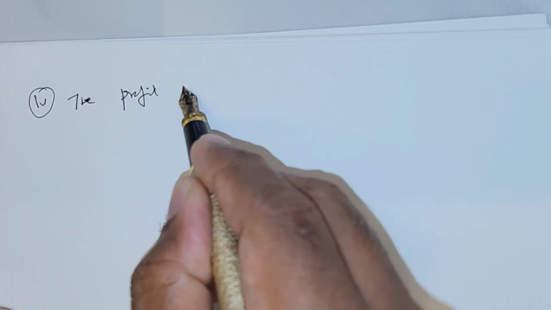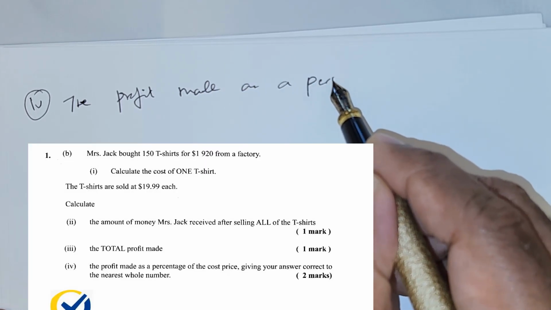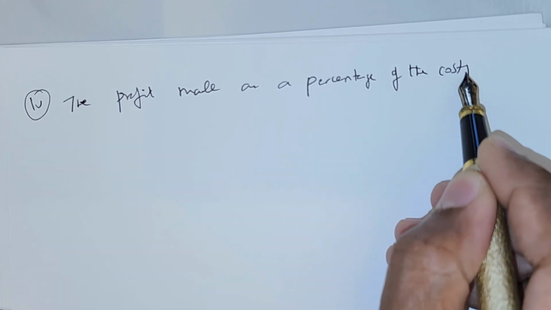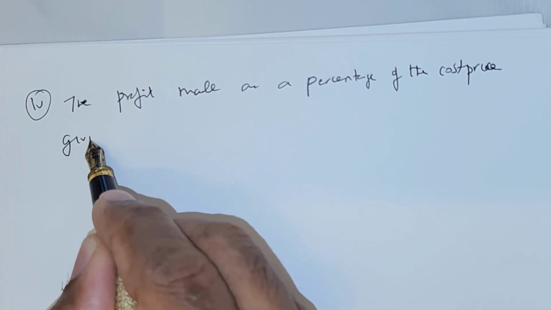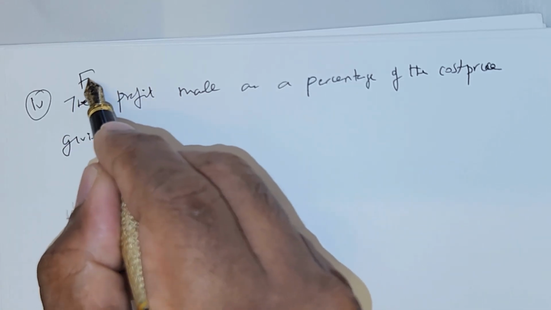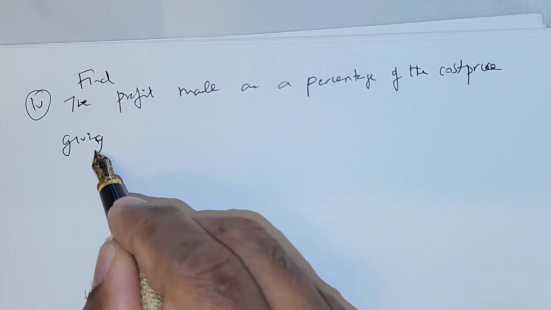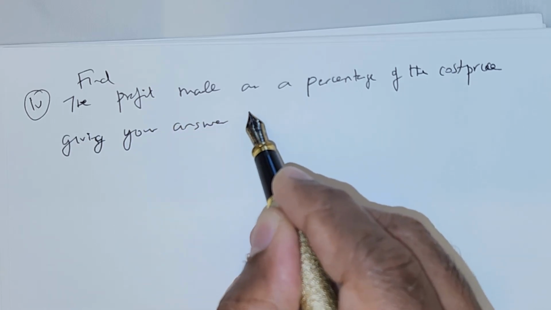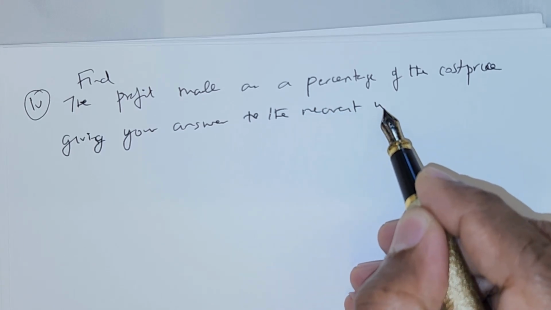For this is the question. The profit made as a percentage of the cost price. So they are asking you to find the profit made as a percentage of the cost price, giving your answer to the nearest whole number.